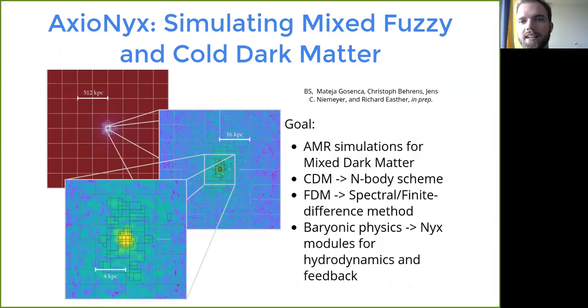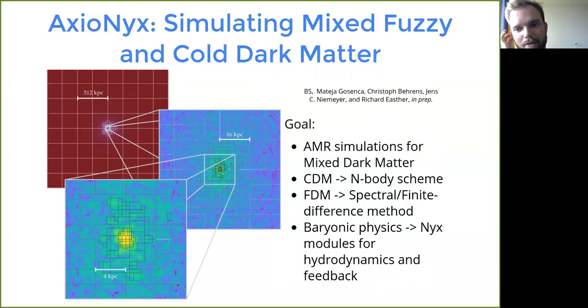And finally, now just a month or two ago, we published the third step, basically, which is then mixed fuzzy and cold dark matter, and studied that with spherical collapse, and used our new code AxioNyx, which again is an adaptive mesh refinement simulation for, in this case here, mixed dark matter, where cold dark matter is evolved by the n-body scheme that is pre-implemented in this cosmology code Nyx.